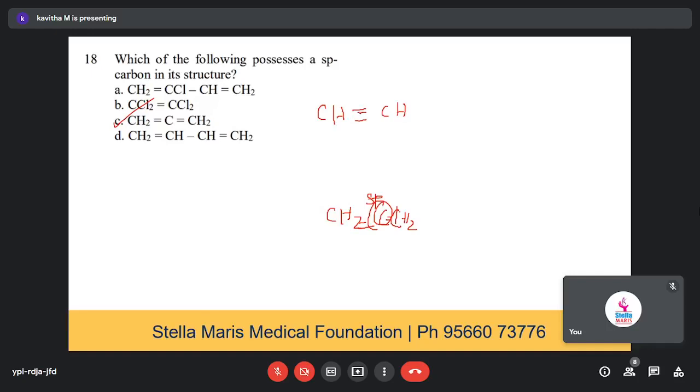The same thing is happening in structure C in the center carbon. Two sigma bonds are there on both sides and two pi bonds are there. The structure is linear. Instead of a triple bond on one side, we have double bonds on both sides. Two sigma bonds and two pi bonds are there, so that is linear. Okay? Yes, ma'am.